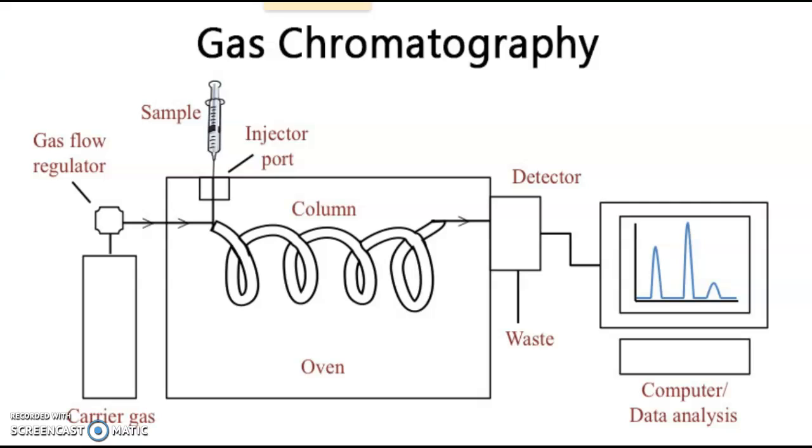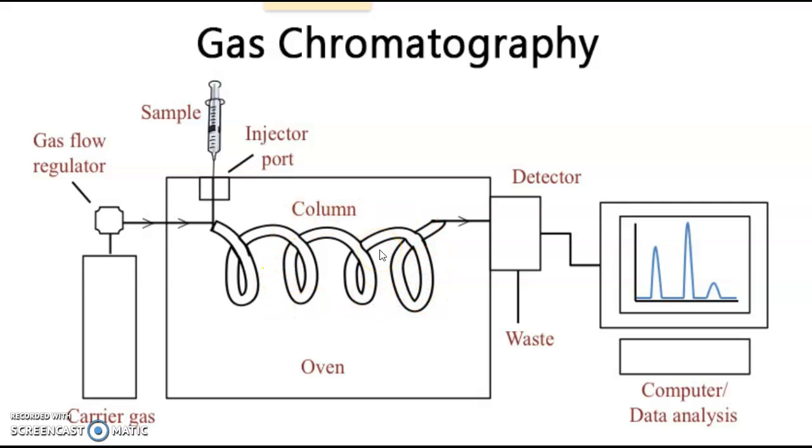This is the apparatus setup. This is the carrier gas cylinder. This is the gas flow regulator, which regulates the flow of carrier gas. This is the sample injector port. We are injecting the sample into the column through this point. And this is the column. The column is kept in the oven.